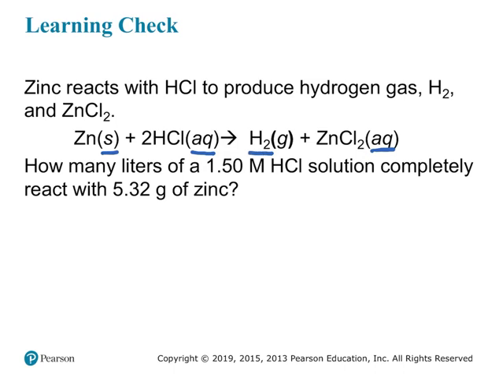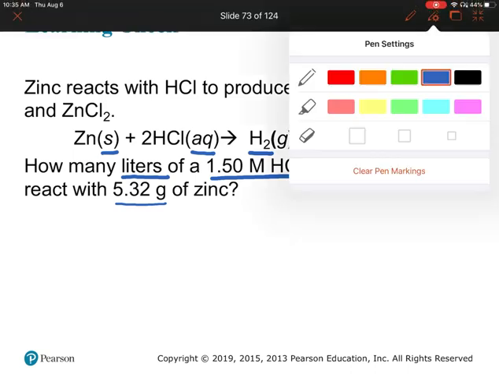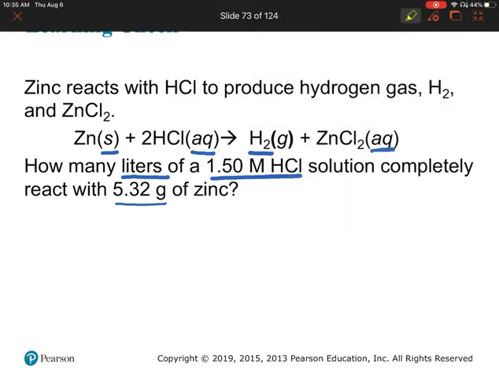And let's say we're trying to determine how many liters of a 1.5 molar hydrochloric acid solution completely react with 5.32 grams of zinc. It looks like in this problem we're just concerned with hydrochloric acid and zinc, so we're not going to worry about the products.